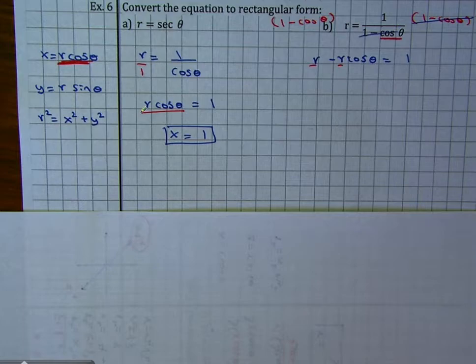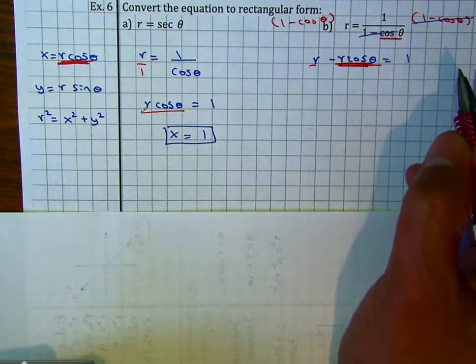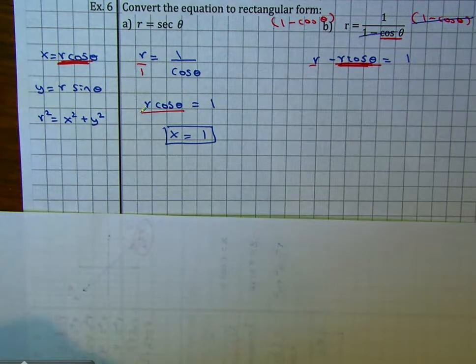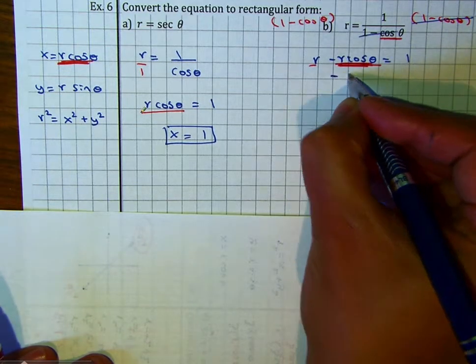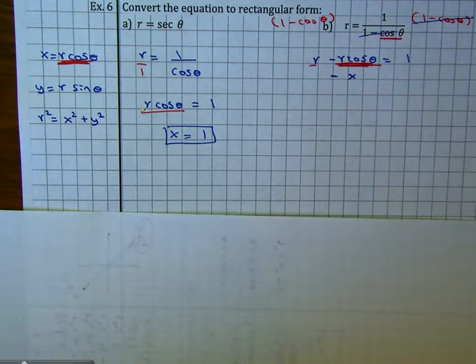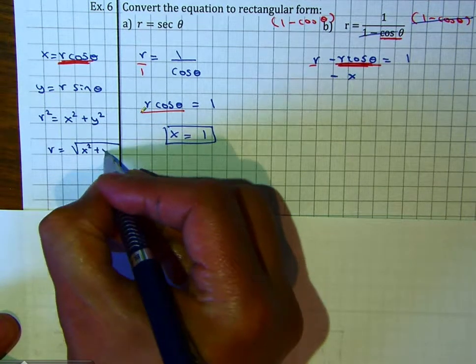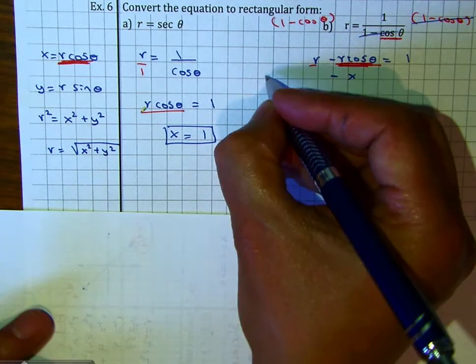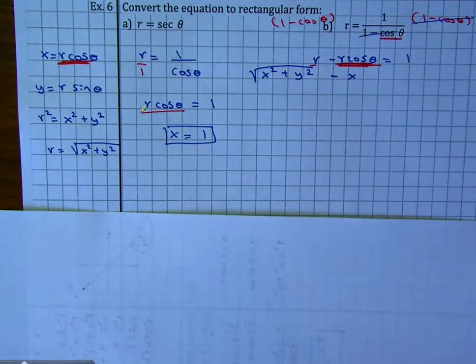And you can, but that might not help you because you do need the cosine next to an r, and we have that already. So do not factor out an r. From there, I can replace my negative r cosine of theta with negative x. And for r, I'm going to take the square root on both sides. So I know that r equals the square root of x squared plus y squared, so the square root equals 1.